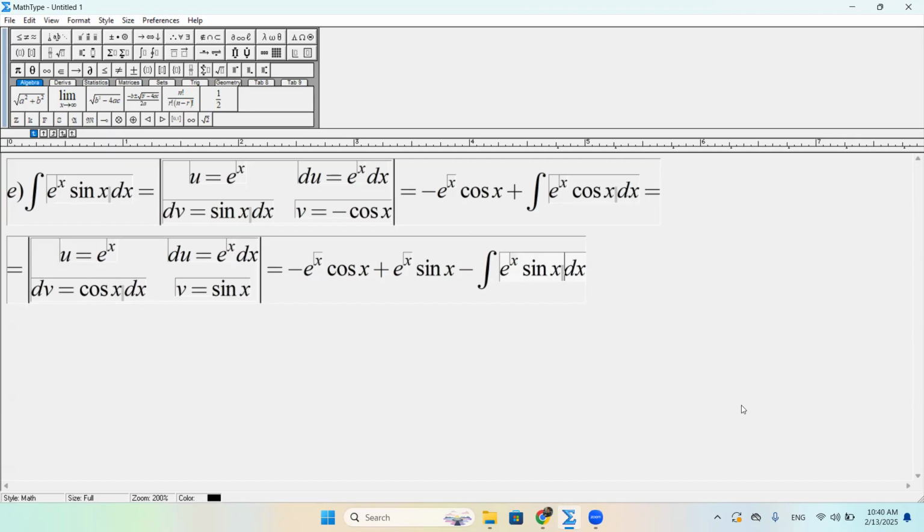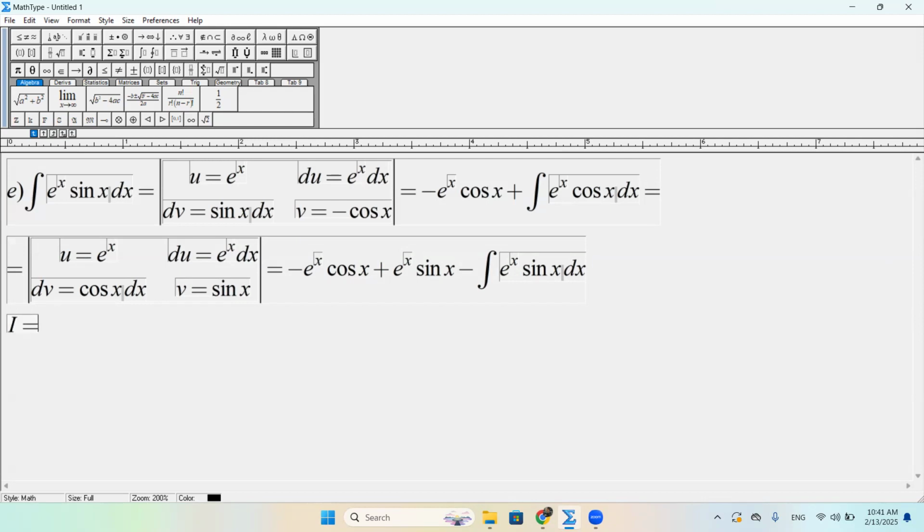Look attentively at this integral. Yes, we have received the original integral. That's why it's called a recurrence integral.